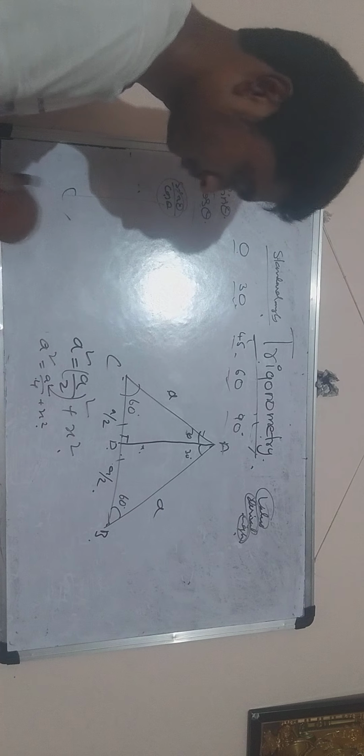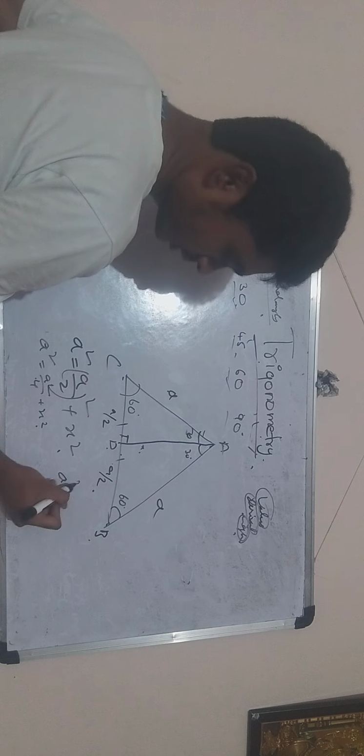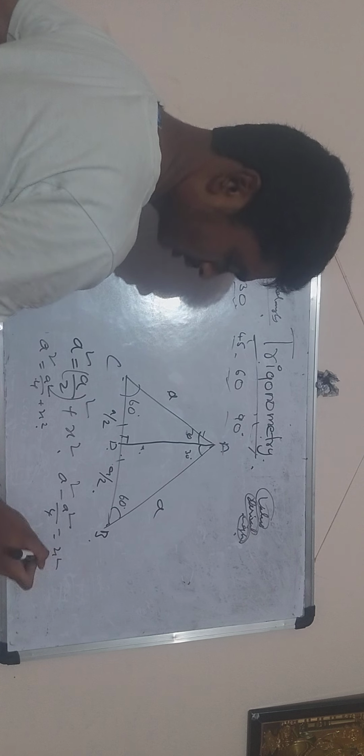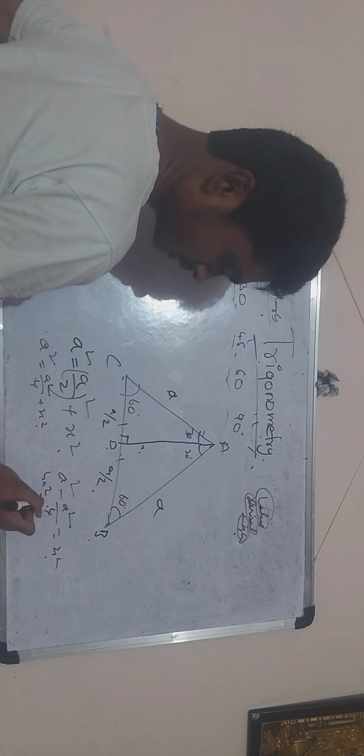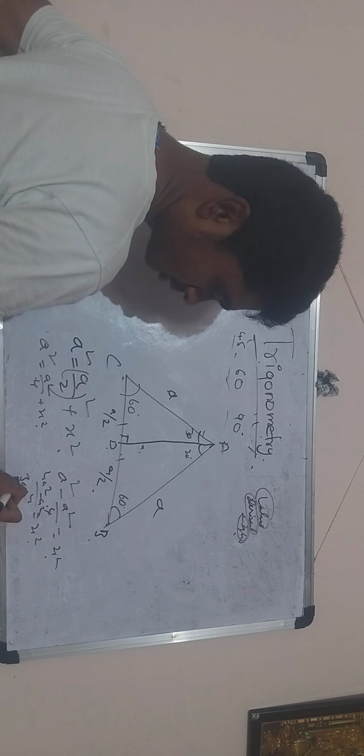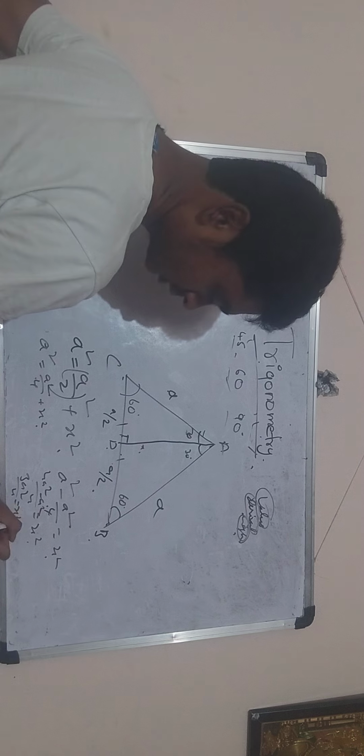So A square minus A square by 4 equals x square. 4A square minus A square by 4 equals x square. 3A square by 4 equals x square.